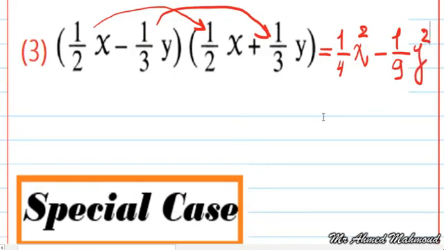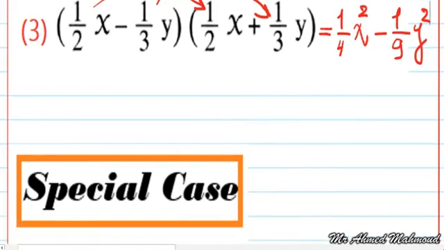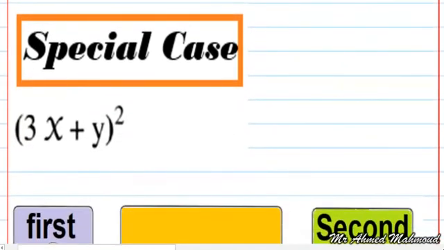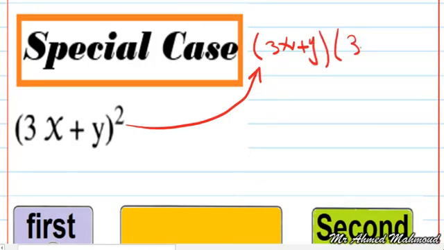The next special case, if we have 3x plus y all to the power of 2, this bracket to the power of 2 means bracket times itself. Again, this means bracket 3x plus y times 3x plus y.